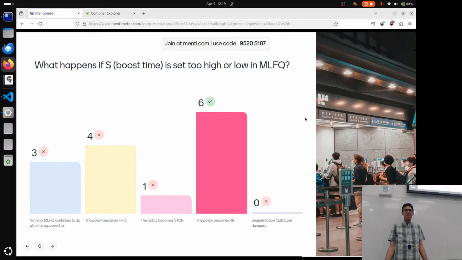If we set it too high, if we make S really, really big, then eventually everybody gets pushed down to the lowest level queue. Interactive tasks and non-interactive tasks: the non-interactive tasks will get there first, the interactive tasks will get there last, but eventually they'll all be in the bottom queue and they'll just get stuck there. If it's too low, if it's too small, we're just constantly boosting. Every single time we do scheduling, we boost everybody to the top, and we're just doing round robin again. So mis-setting both of those settings will cause round robin ultimately to show up in these things.